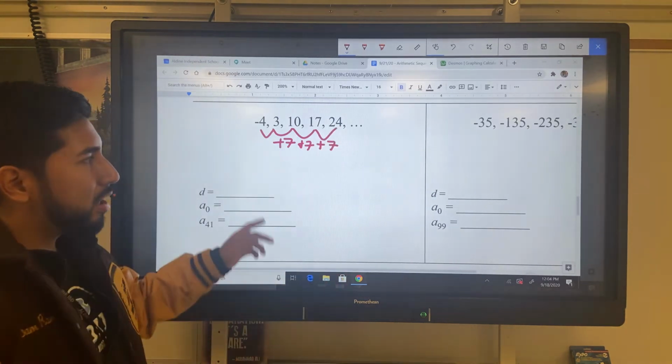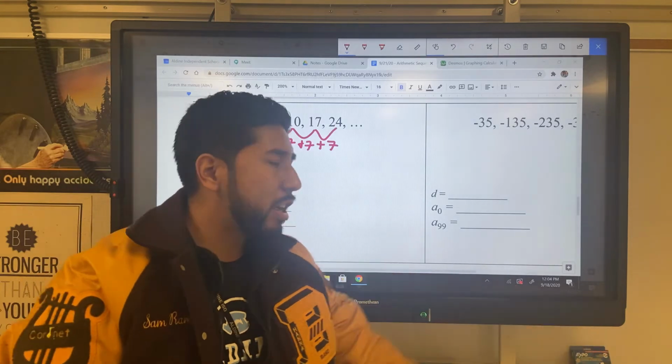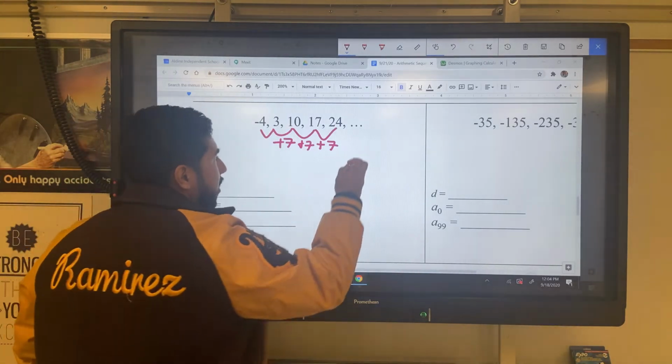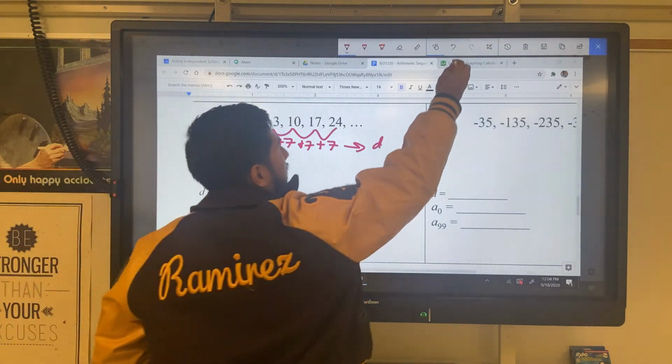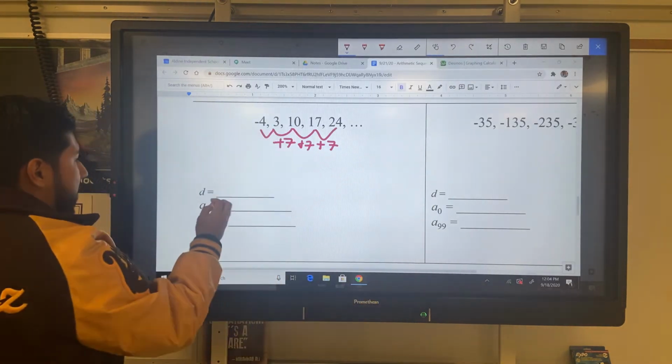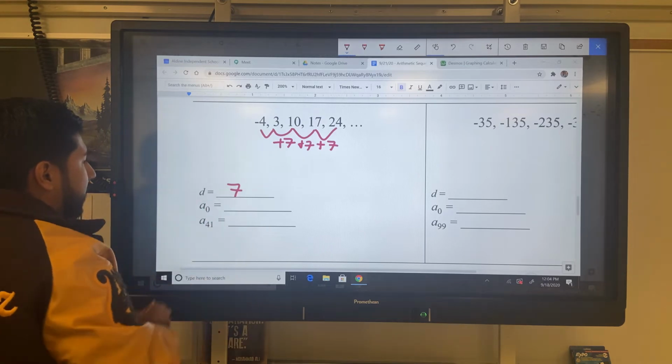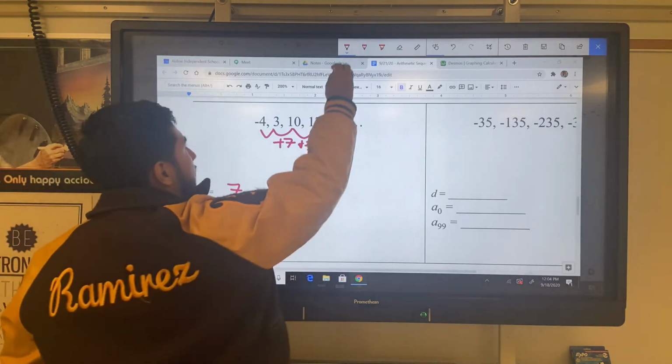Don't worry if you get stuck. Look at the next numbers for help if you need additional help. So that tells me my D is +7. Let's look for A0.